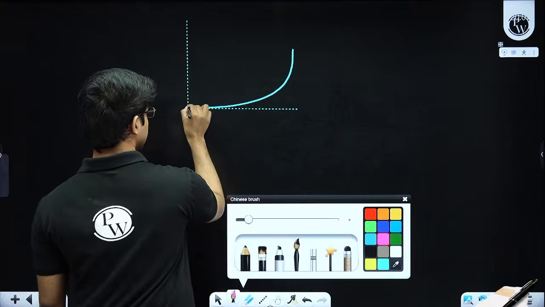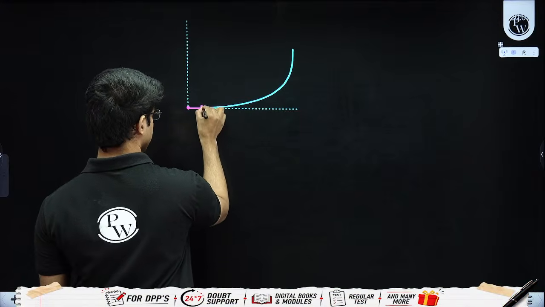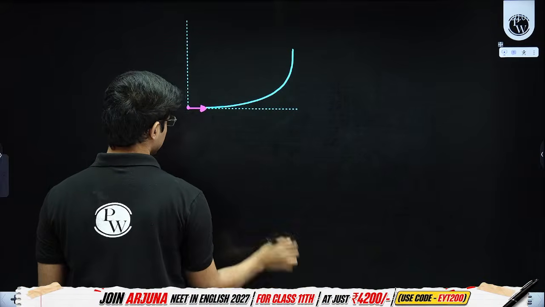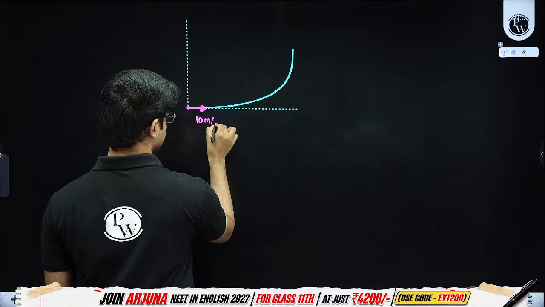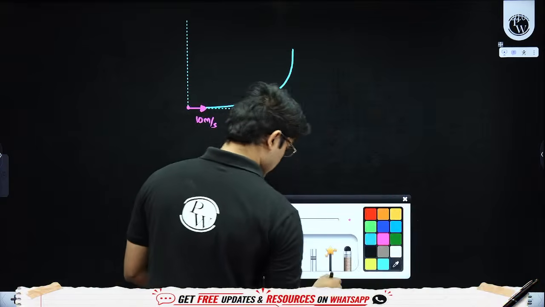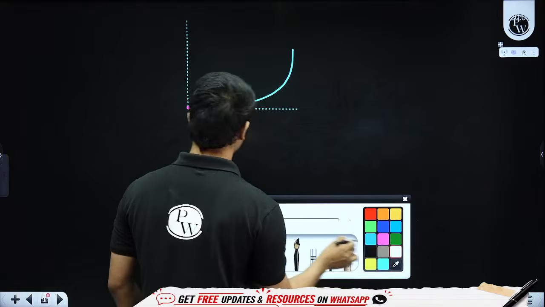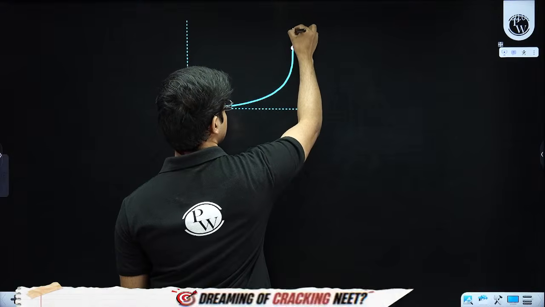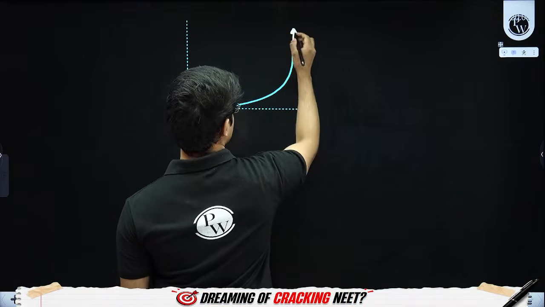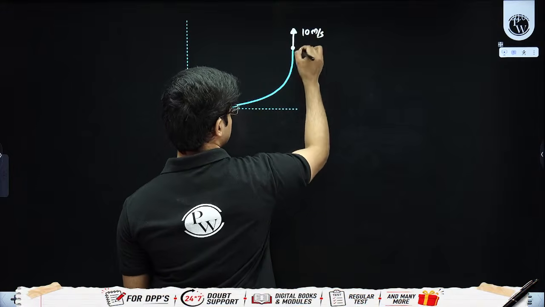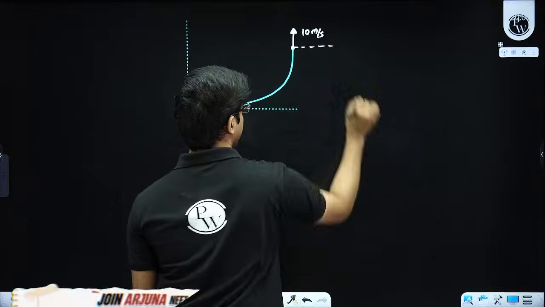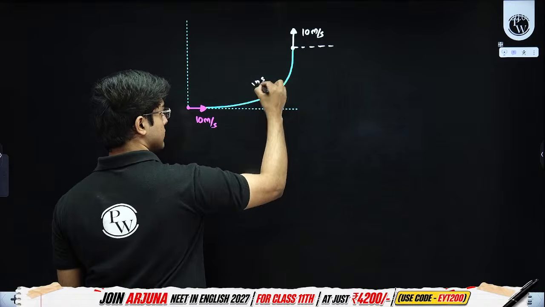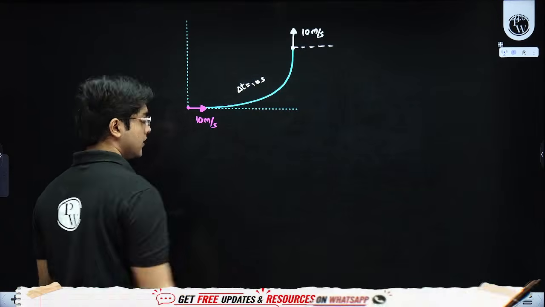At the start, it was moving in the x direction, and the initial speed was 10 meters per second, and finally after, let's say, 10 seconds, it is over here and its velocity is now along the y direction, equal to 10 meters per second itself. This journey happened in 10 seconds.